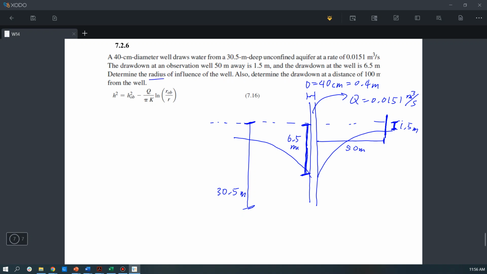And we want to determine the radius of the influence of the well. Also, we need to determine the drawdown at a distance equal to 100 meter.